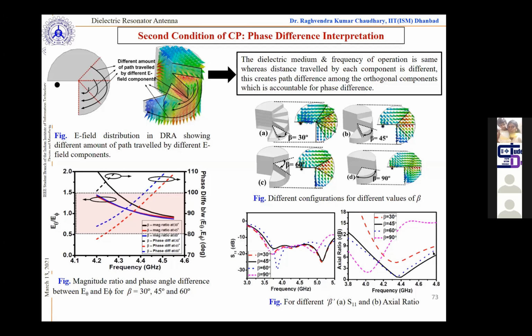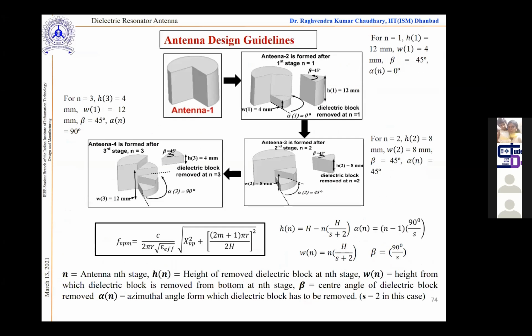Fine. So the concept is this, and finally we have given some design rules, so you can refer to this paper. We published these in IEEE AWPL. Clear-cut design guidelines and everything is given, so you can have a look.